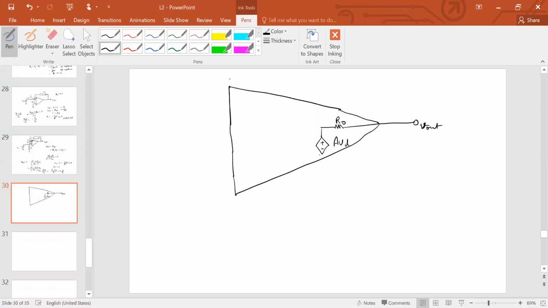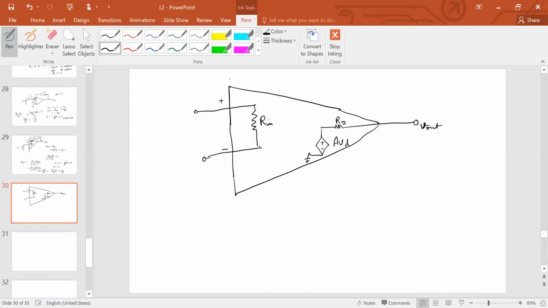This is earth. This is grounded. And this is going to be the non-inverting input. This is plus. And then instead of the open circuit, you now have an input resistance or impedance, as the case may be. Again, you can choose this to be an impedance. I'm choosing it to be a resistance for the time being.